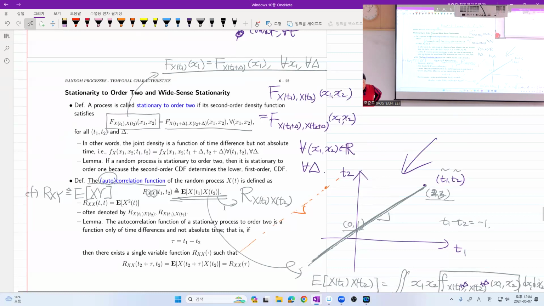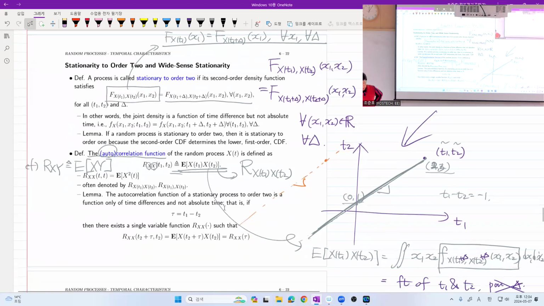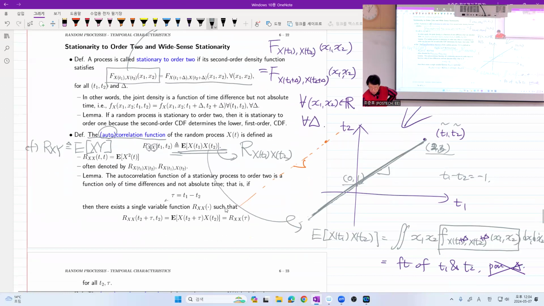And here goes something very confusing but very useful. What if we define tau as T1 minus T2? So what is tau on this line? -1. What is tau on this line? Negative some 6, something like that, right? Now, this T1 minus T2 can be used as a new parameter that distinguishes two correlation values.